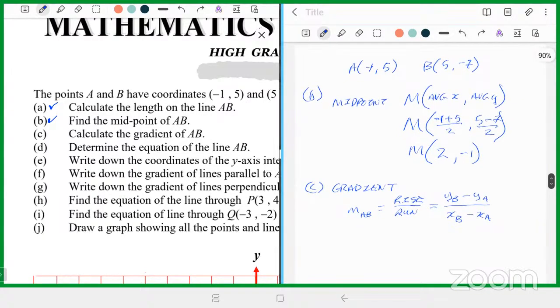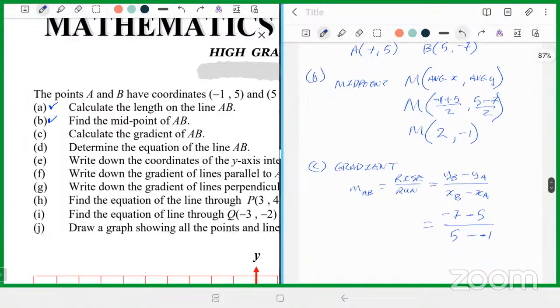All right, so this then becomes the YB is -7, -7 minus, I'm putting down this minus. This is the YA. The YA is 5. The Y value of A is 5. Divided by, this is now XB, which is a 5, minus, this is now XA, negative 1. So it becomes 5 minus negative 1. So this minus is a plus.